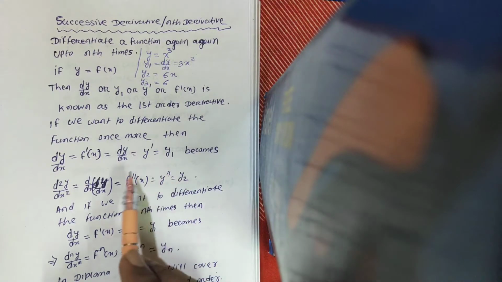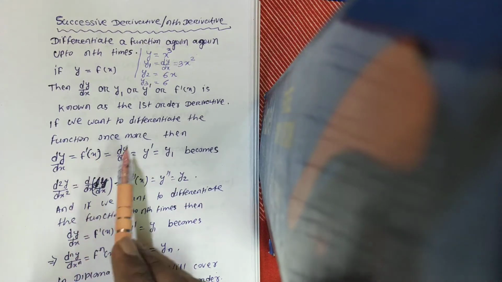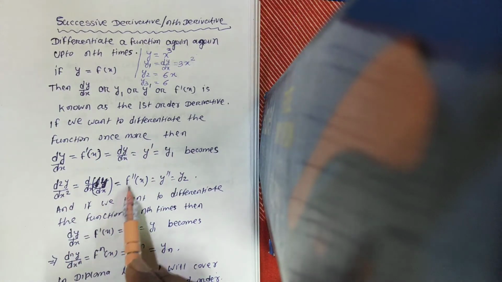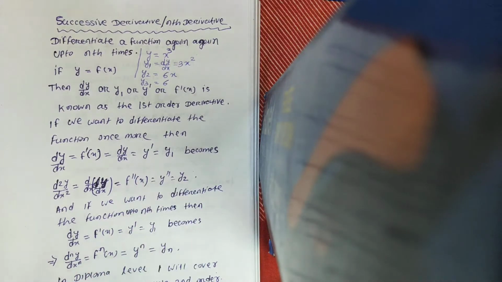That means symbolically we can represent a second order derivative like d square y by dx square or f double dash x or y double dash or y2. This is known as the symbolical representation of a second order derivative.